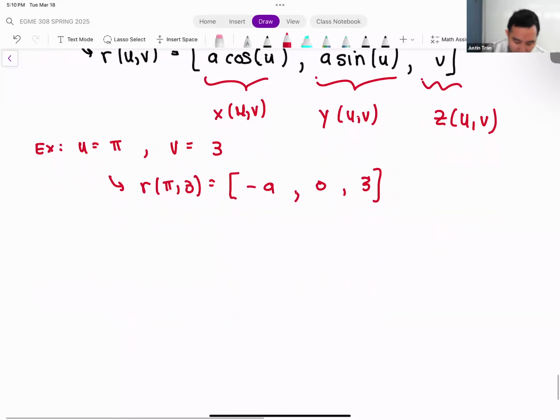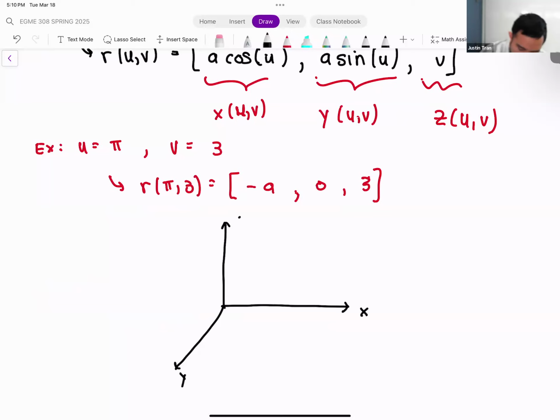And so if we plot that out, let me do x, y, and z. Our x coordinate here is minus a, and our z component here is 3. So this is going to be our coordinate here. This right here is minus a, and this right here is 3.